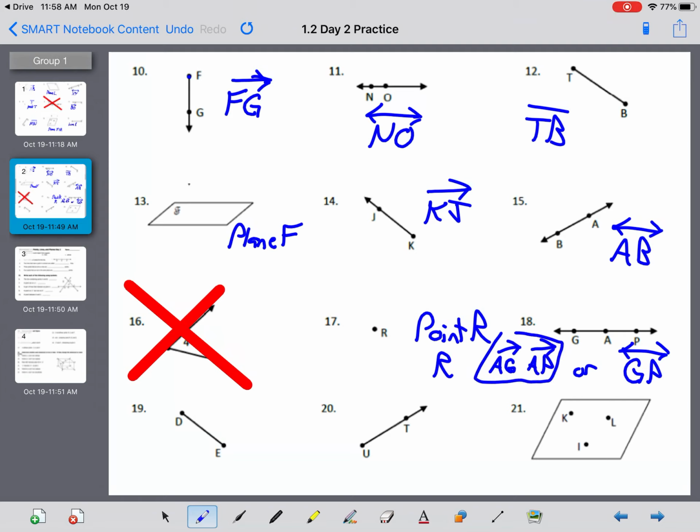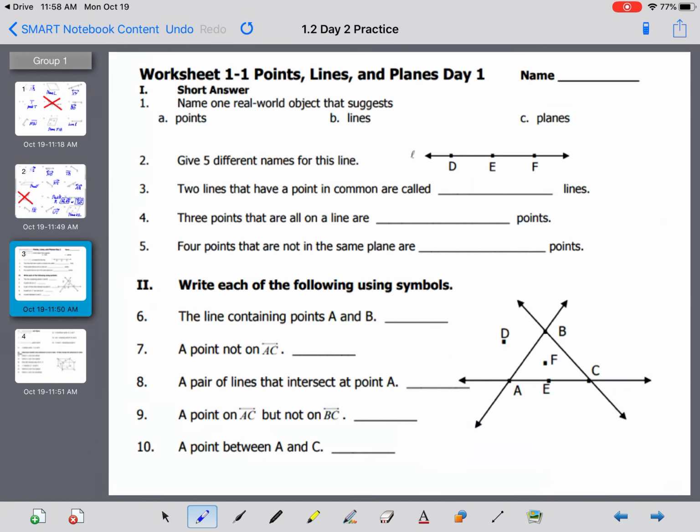Either of those answers is acceptable. 19 is a line segment, DE. 20 is another ray, UT. And 21 is a plane, KIL. Okay.